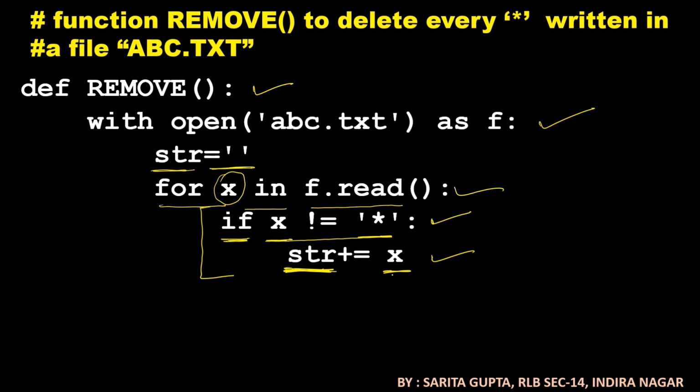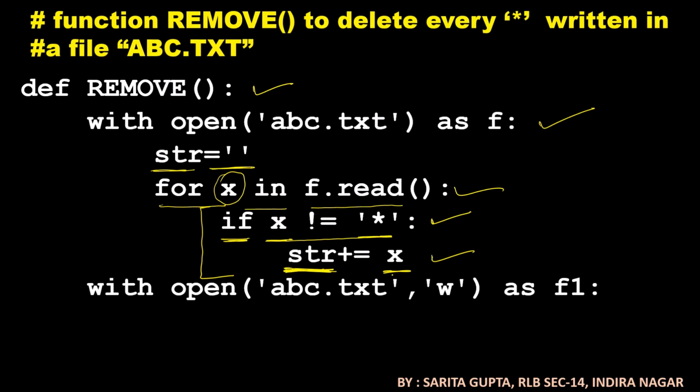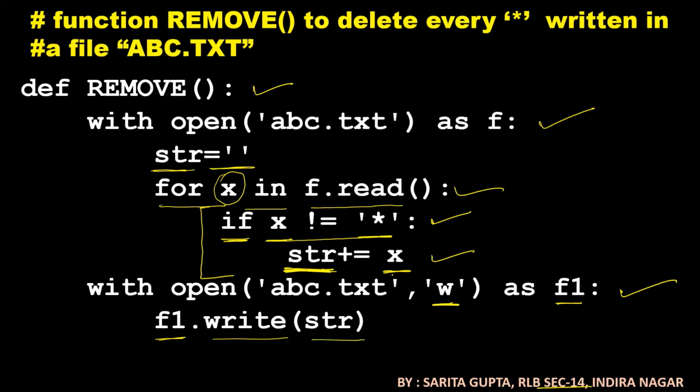So now we'll write the value of str onto the file by opening it again in write mode. So opening the file with open abc.txt comma w as f1, using any other file object, and writing the value of str as f1.write str.